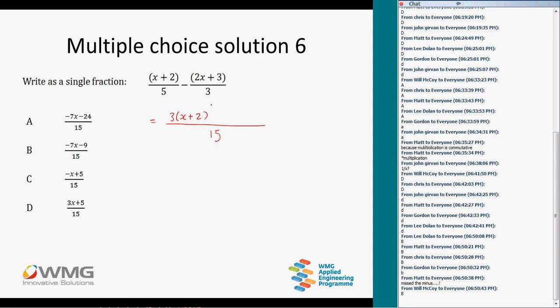So 3x plus 6 minus 10x minus 15. Collecting like terms, 3x minus 10x is minus 7x, and 6 minus 15 is minus 9. That's all over 15, so minus 7x minus 9 all over 15. That's answer B.